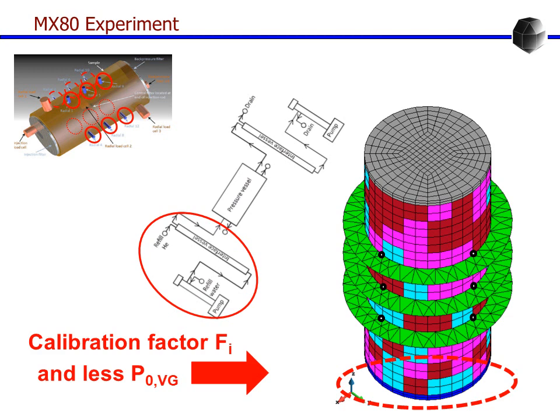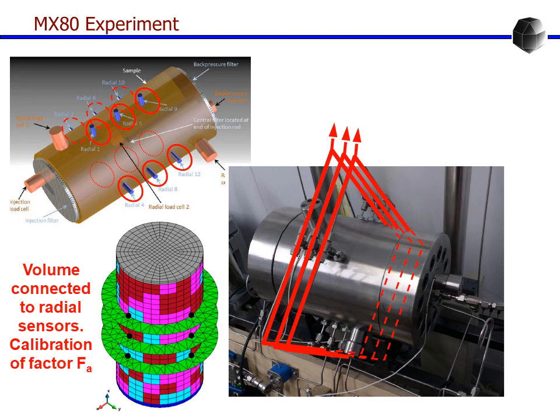And then it's important to do this representation in a correct way. This picture shows that there are some sensors that are connected through pipes, and then this represents a volume that is attached to the sample, and this has to be considered to produce a correct modeling.